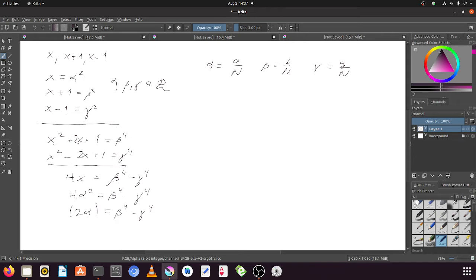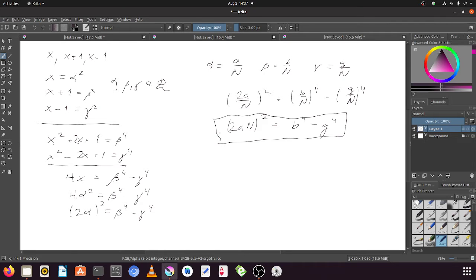And then we put it in here, and then we multiply by n to the fourth. Voila! Finally.